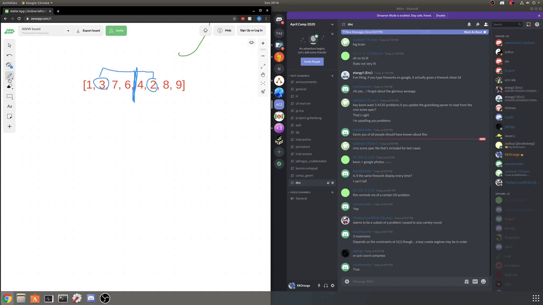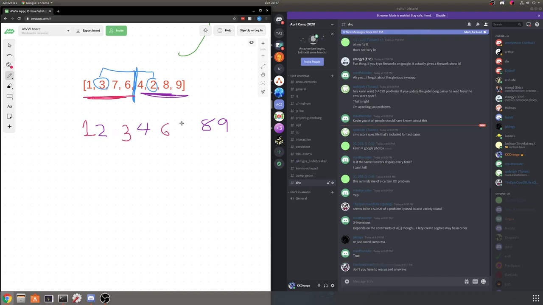So what we can do is, if I took all the elements together and I sorted them and I recorded which side of the array they came from, let's say this side is the red side and this side is the purple side, then your array would look something like there'll be a 2 here, there'll be a 4, then 8 and 9 would be at the end, and red, this would be a 1, 3, 6, 7.